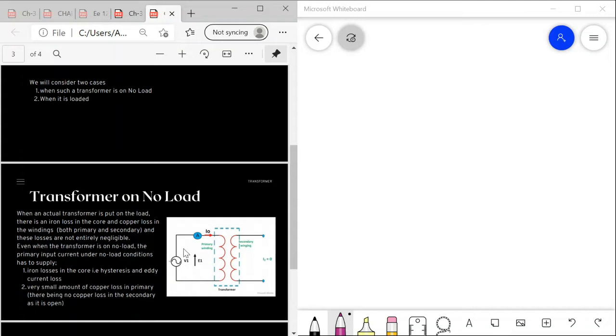Another component of the source current is denoted as I mu or Im, the magnetizing current. This component produces alternating magnetic flux in the core, so it is wattless, meaning it is a reactive part of the transformer source current. Hence, the magnetizing current Im will be in quadrature with V1, or perpendicular to V1, and in phase with the alternating flux phi.